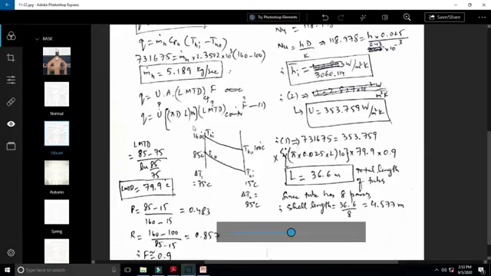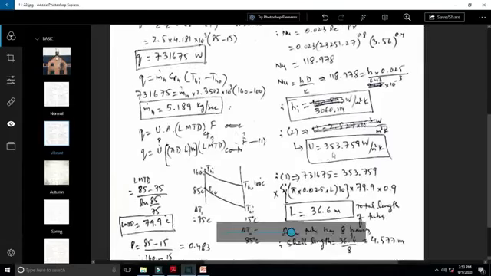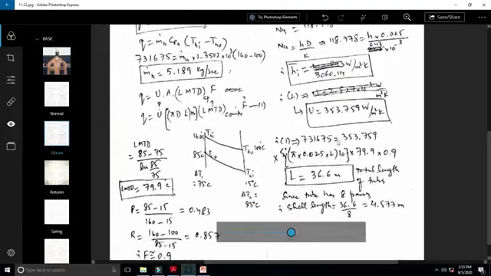So we then put it over here, Q as this value 731675, which was calculated. U is 353.759, times pi dl.